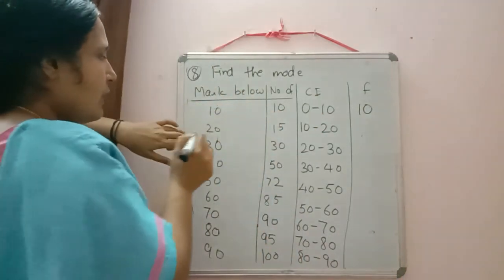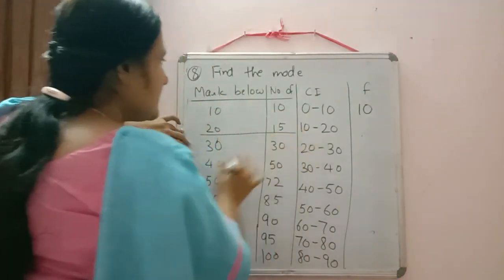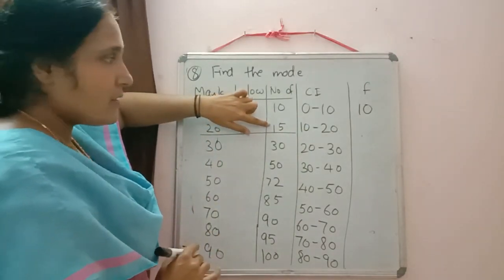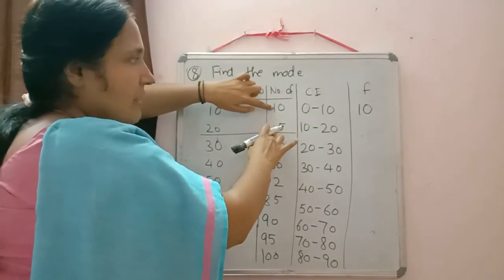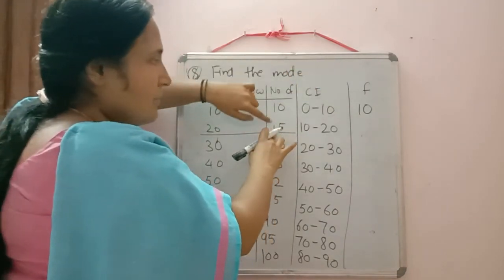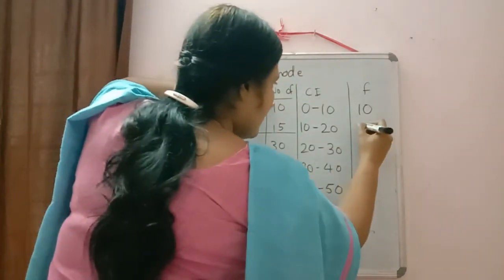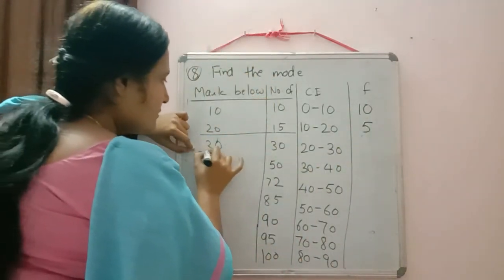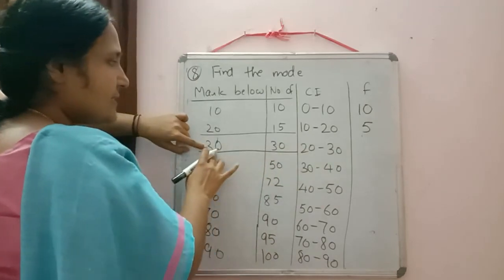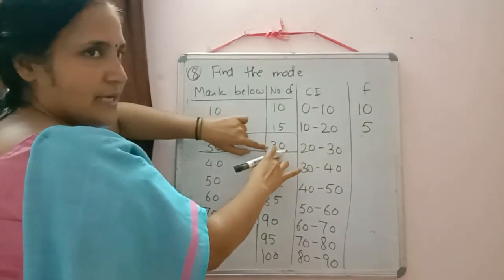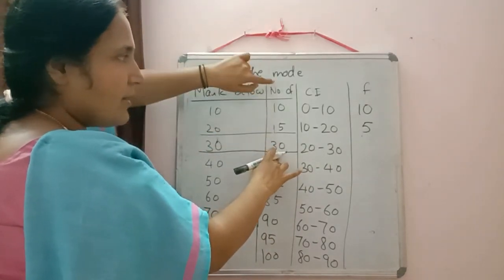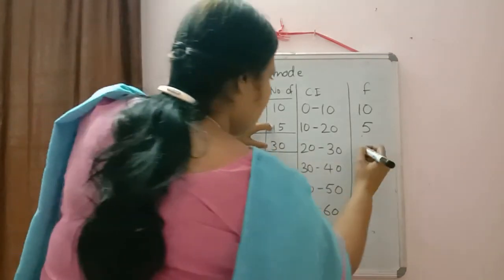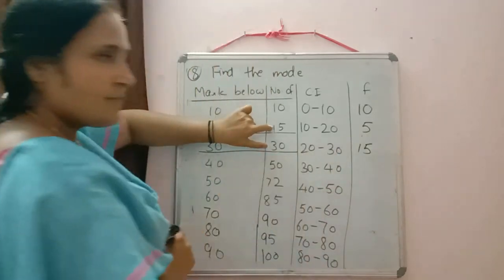Then how many students have marks less than 20? 15 students, but 10 students are already included in the previous group, so the remaining is 15 minus 10, 5. Clear? Okay. Then how many students have marks less than 30? 30 students, but 15 are already included, so 30 minus 15, which is 15.